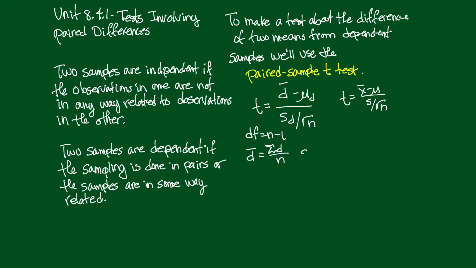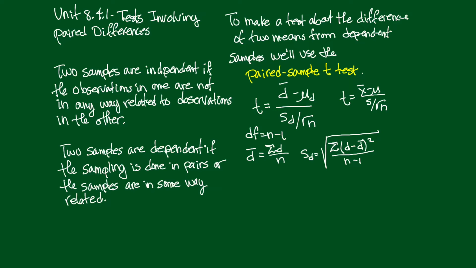And then the standard deviation of the differences, so it's going to be a square root, and here's what we're going to have, numerator, denominator. So here's how you get the numerator. It's the sum of the d minus d bar, so it's the difference minus the average difference, and then we'll square that. And we'll divide the whole thing by n minus 1, square root of all that.